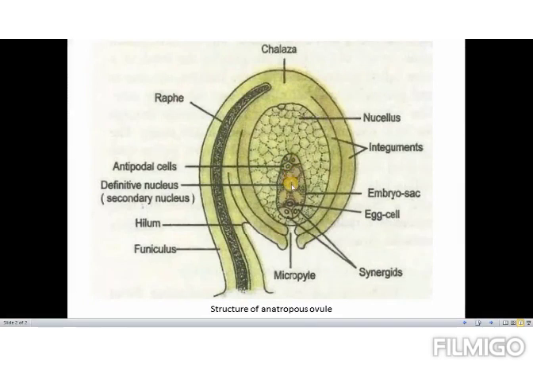In the center there are polar nuclei, which get fused with each other at a later stage and form a diploid nucleus, which is also called the secondary nucleus. Now this embryo sac in angiosperms is monosporic, 7 celled and 8 nucleated.